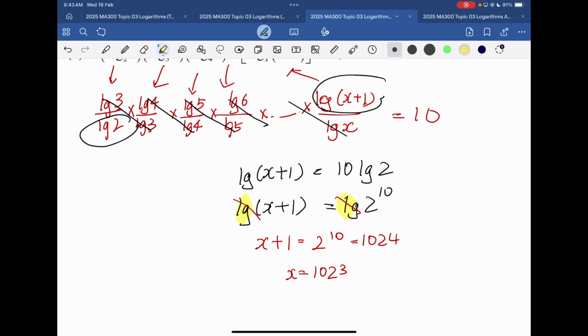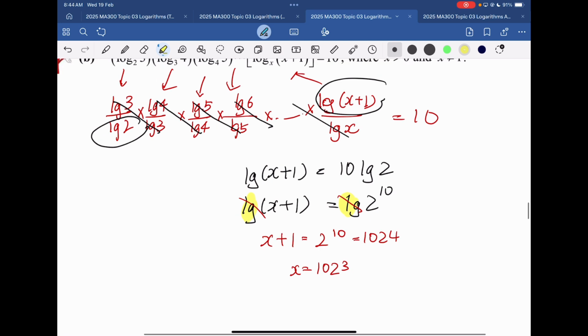Then remember, you need to bring a base 10 here. So it's 10 to the power of 3.01, which will be 1023 or so. But the thing is, you will not get the exact value. If I want the exact value, then you do this method, then you get the exact value.